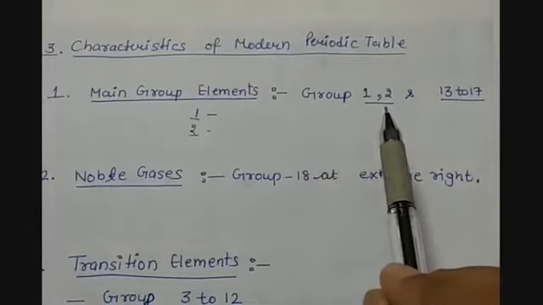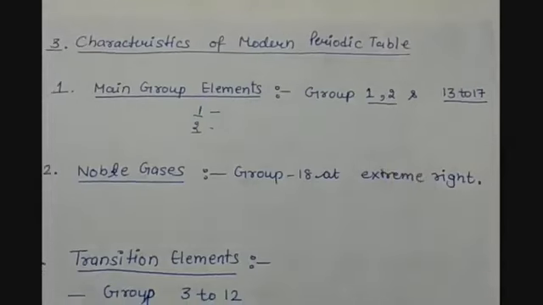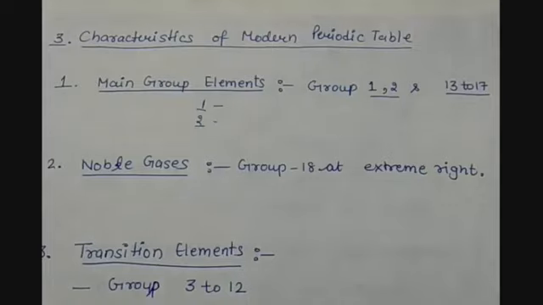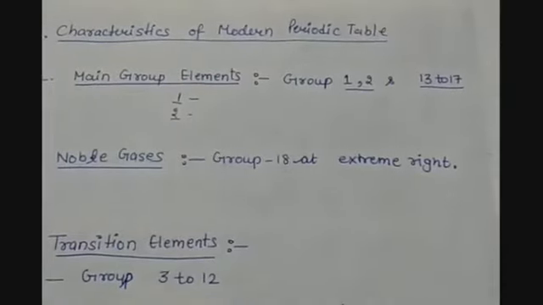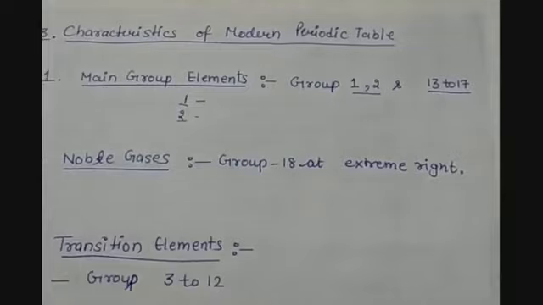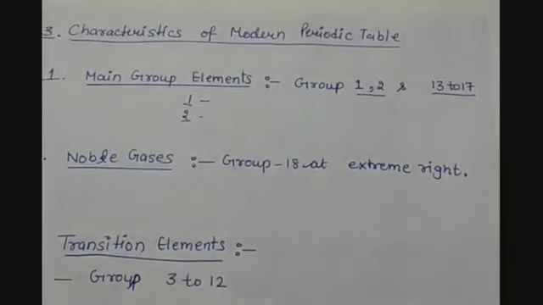All these elements have incomplete outer shells. That means the outermost shell has less than 8 electrons. The next is noble gases. Group number 18 is having noble gases, which is there at the extreme right of the modern periodic table.